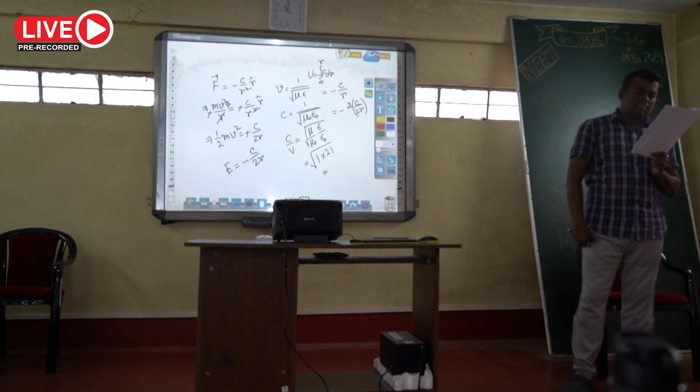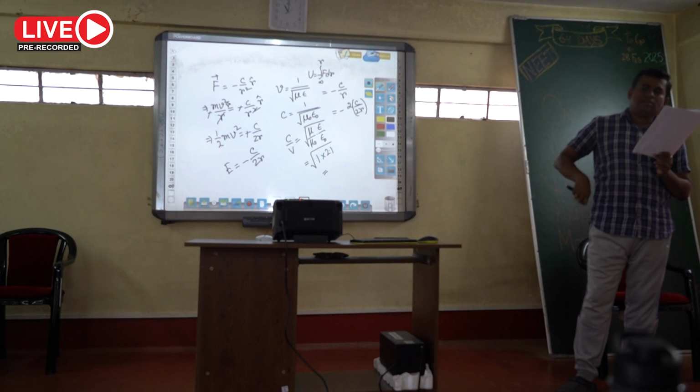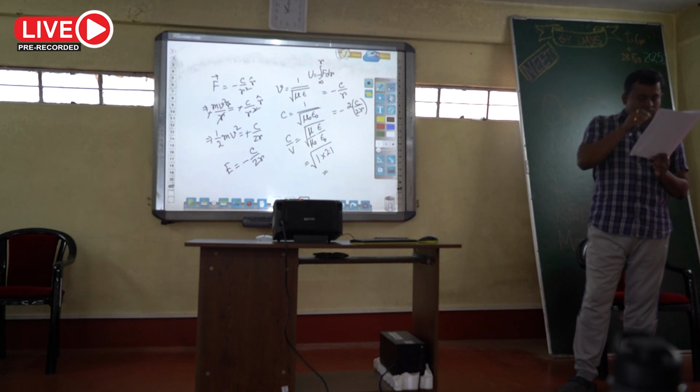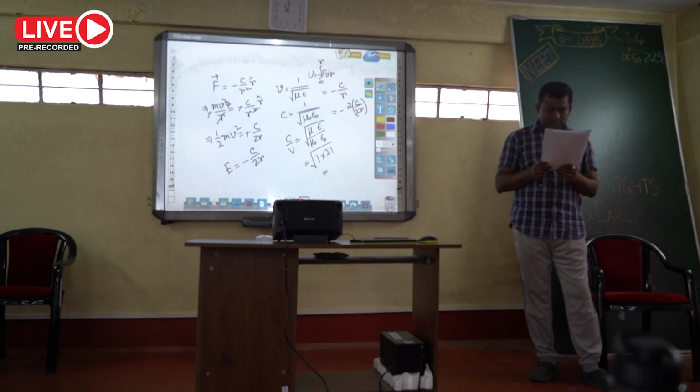Then BC. BC means temperature constant. That is, temperature is constant in the part BC in the original curve. That means isothermal. So here temperature is also constant in BC. Then next part CD, again pressure constant. So again a horizontal line in the PT diagram. So option A is correct. First option is correct.